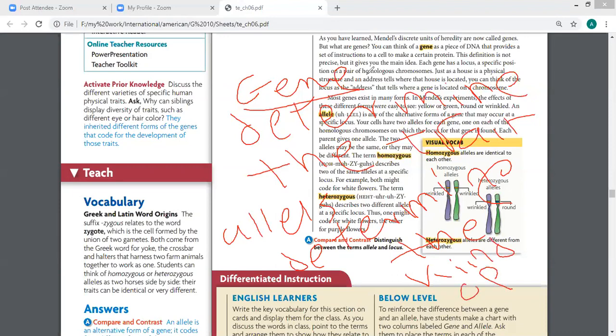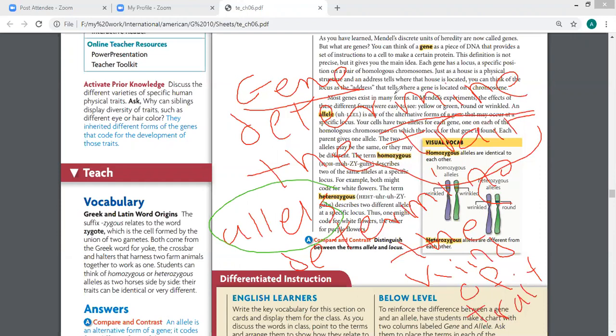For example, if the trait is skin color, eye color, or hair color, the gene is responsible for determining whether this trait appears or not. But alleles determine the kind of trait.